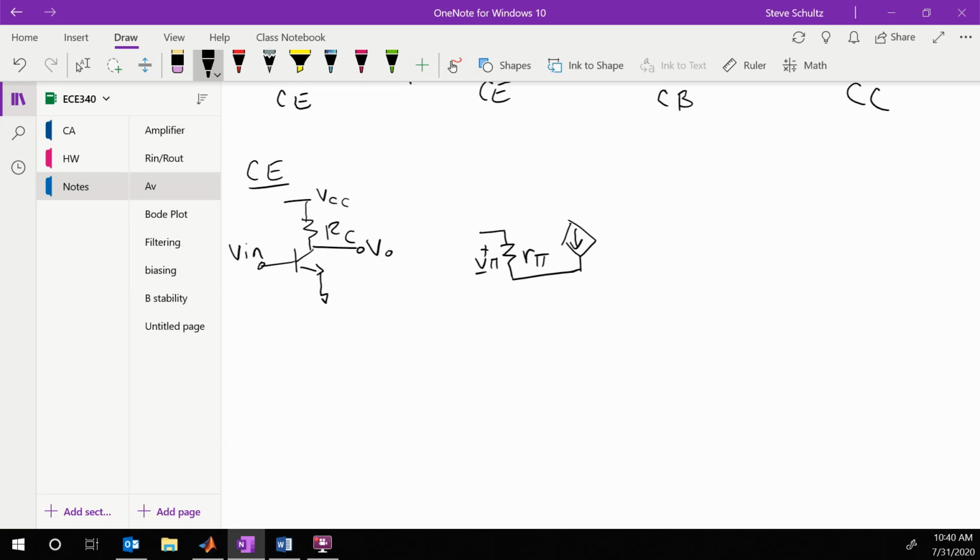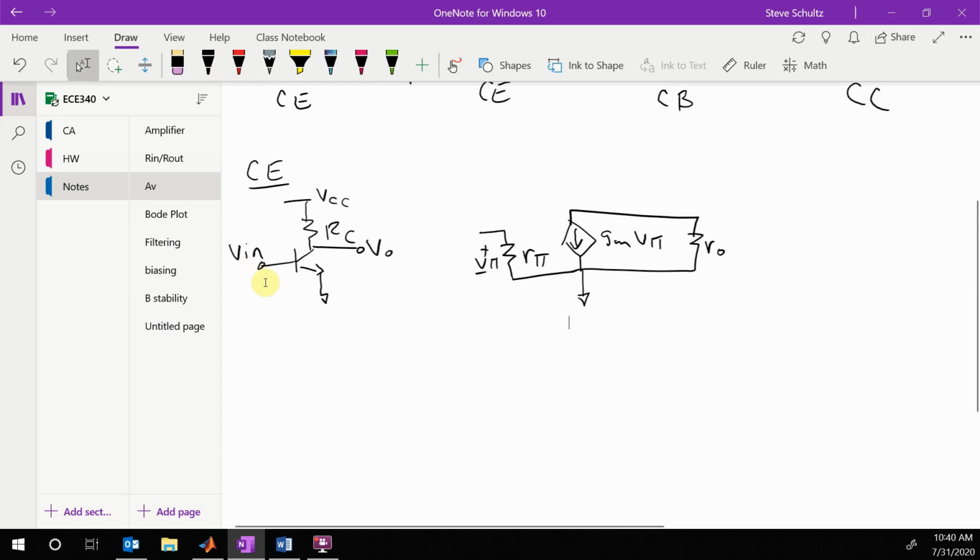And this one has a gm v pi, and it has an RO. So then we go over there and we start connecting things. So right here is our emitter. So we connect that to ground.